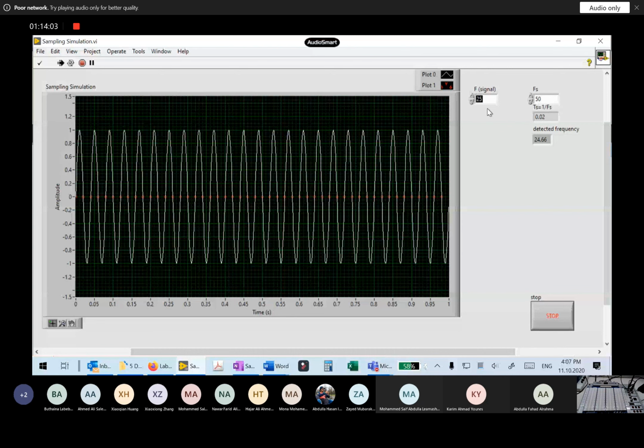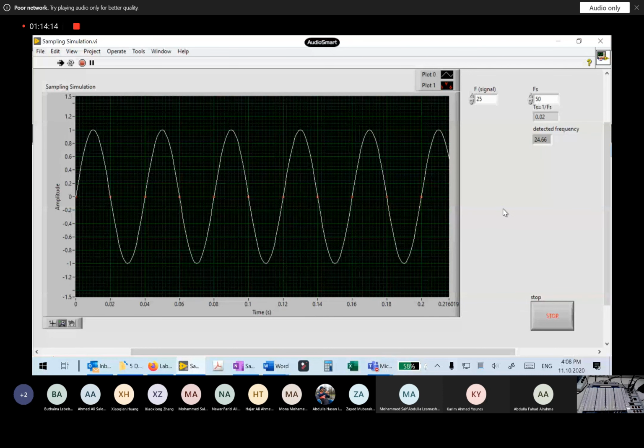Now if I zoom, let me disable the autoscale X and zoom. If you see now, my sampling instant here equals half of the period of your sine. So basically what you are doing is at time 0 you took the first sample.